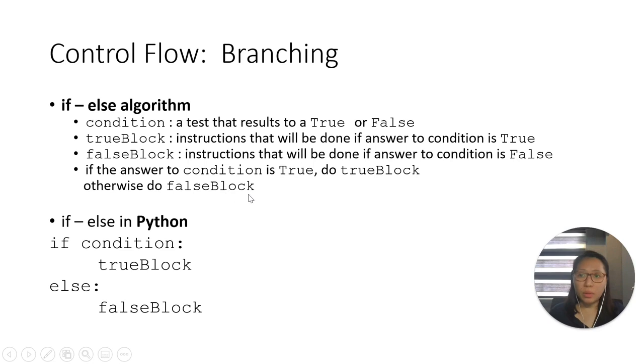Otherwise, do the false block, where the false block is the code block that corresponds to the lines of code that should be executed if the answer to this test is false.